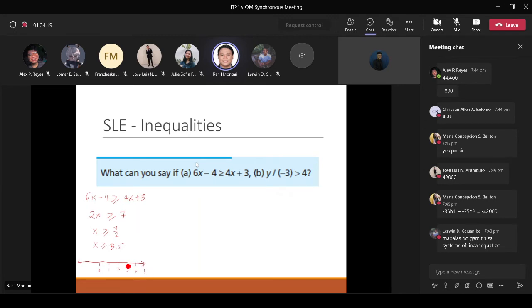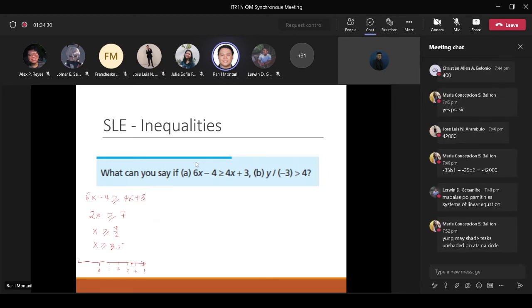Kapag greater than or equal, solid na bilog. Kapag greater than lang, butas. Sinishade natin ito, ito yung value na x is greater than or equal to 3.5.